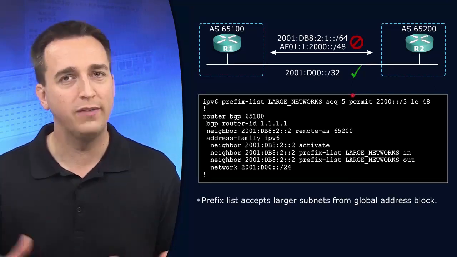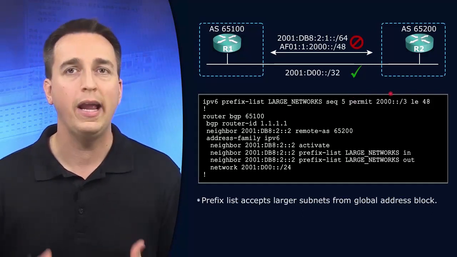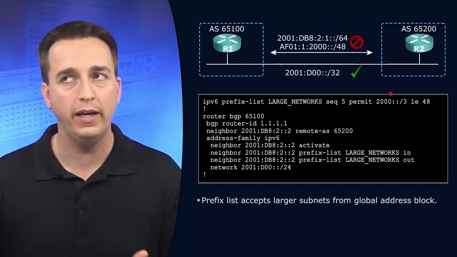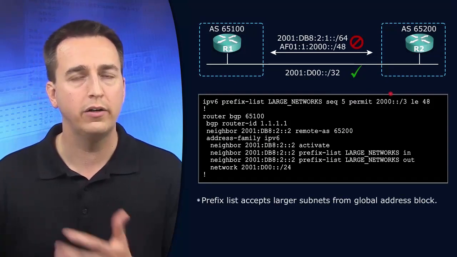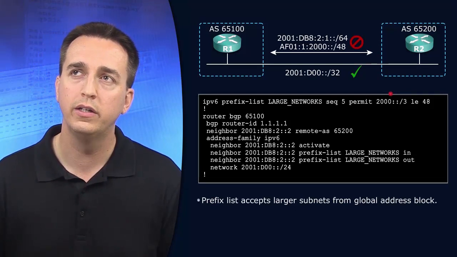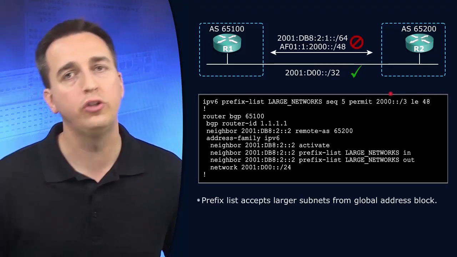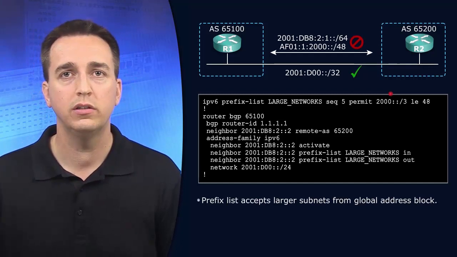And what do they classify as large networks in this case? Well, they classify anything within this range of addresses that have a mask that is less than or equal to 48. Do you recall what ISPs hand out to large organizations?